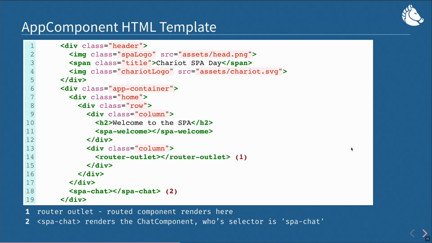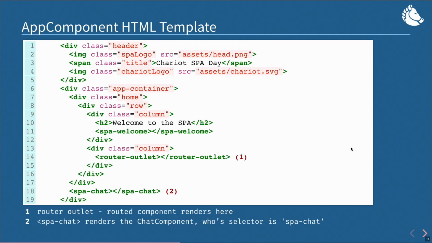It does have some custom HTML elements in it, which is now a legal thing to do. So here you see spa-welcome. So there's actually a component somewhere whose selector is spa-welcome. And putting that right here makes that component render right there in that template.